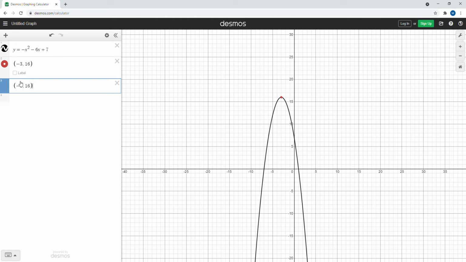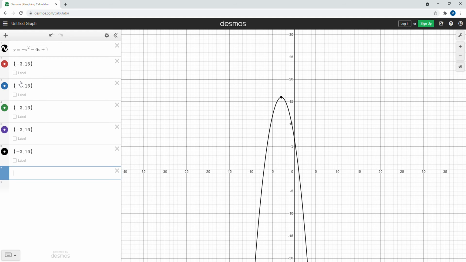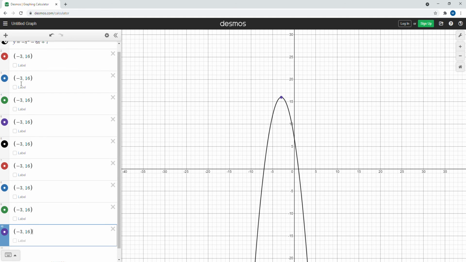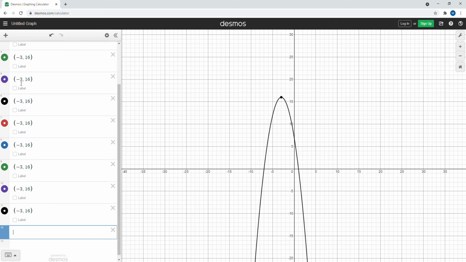So 1, enter, 2, enter, Control V, that's 3, enter, 4, enter, Control V, that's 5, enter, 6, enter, 7, enter, 8, enter, 9, enter, 10, enter. Okay, so we have 10 copies of that.